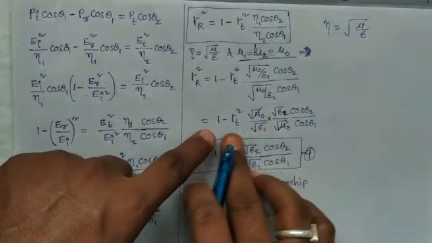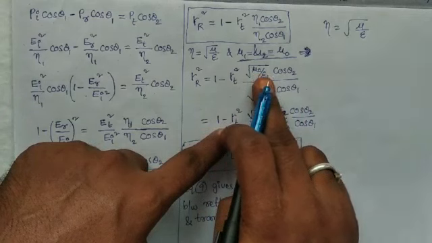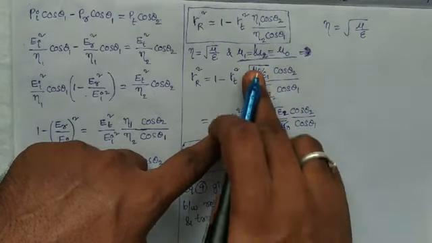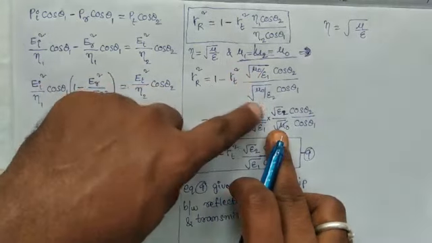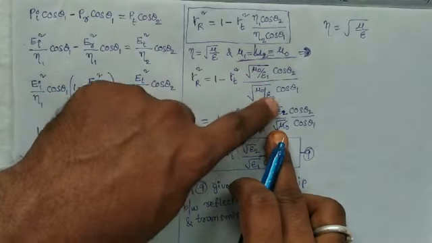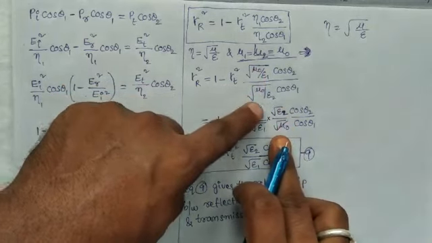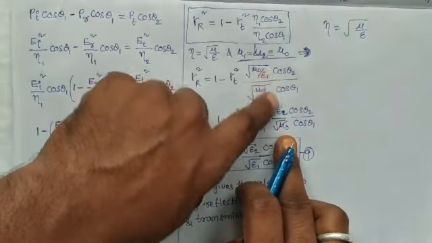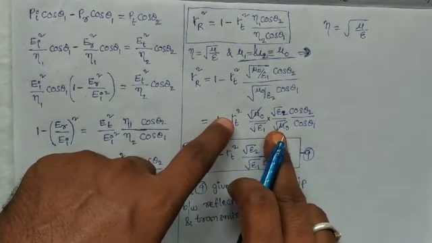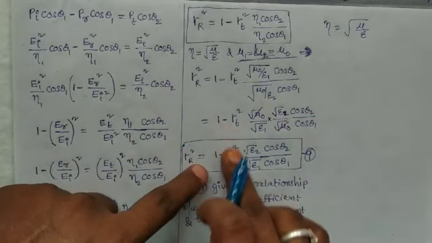Separating the roots, epsilon 2 becomes the numerator, and root mu naught cancels.